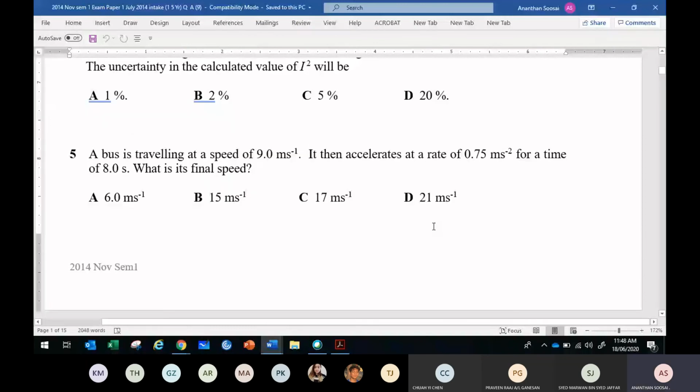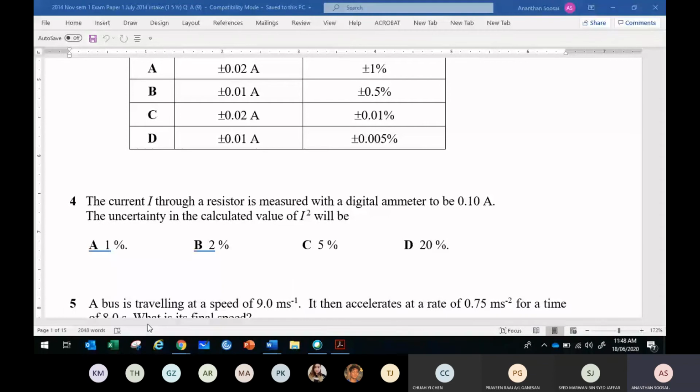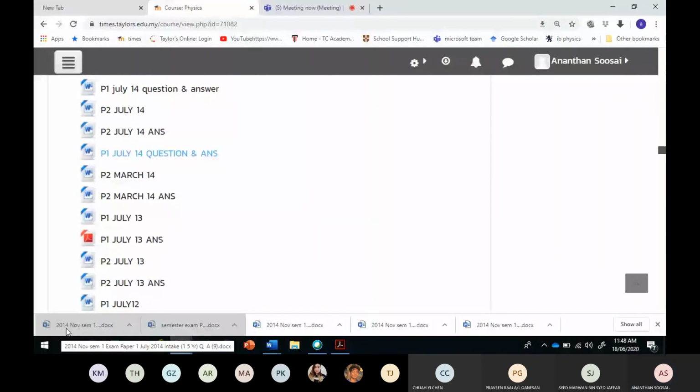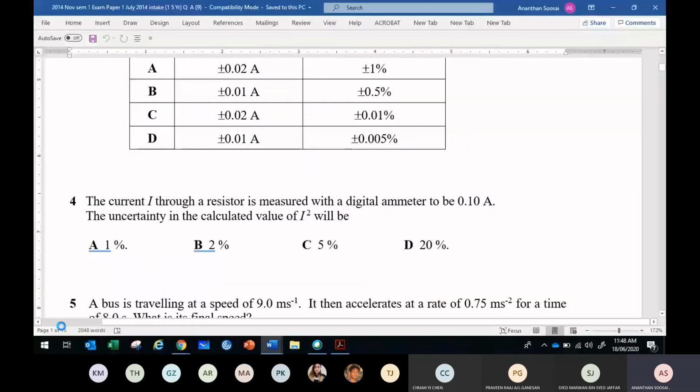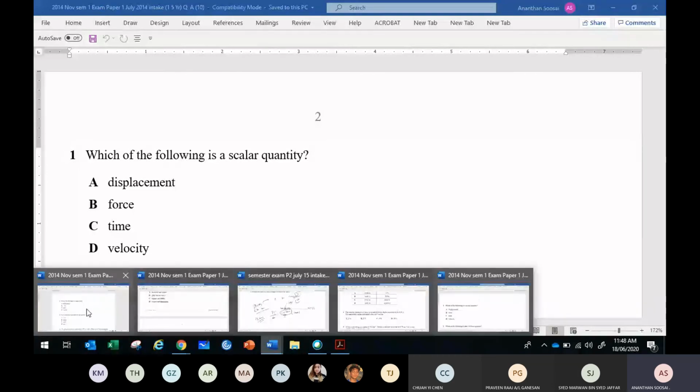Oh, this is the same one. Where's the paper? November, which paper am I taking? Sorry. July 14, right? This is the paper, right? July 14 November.